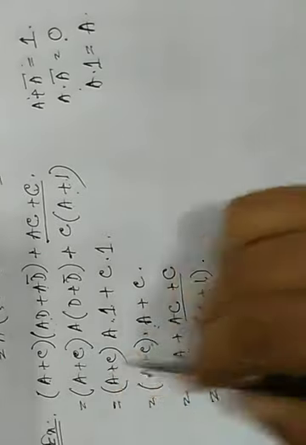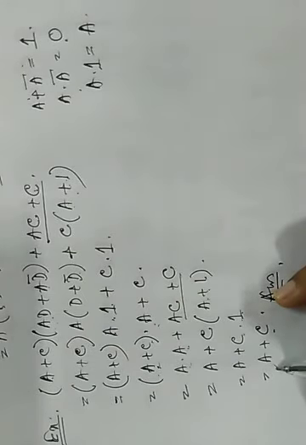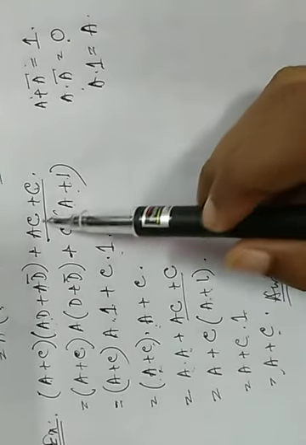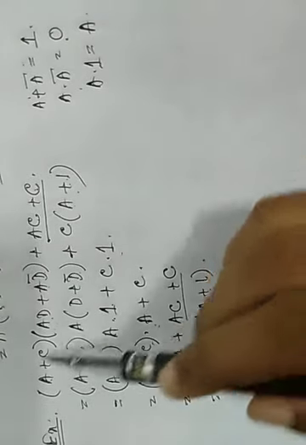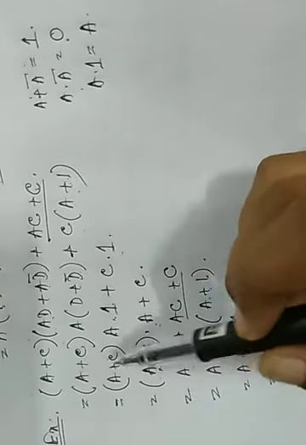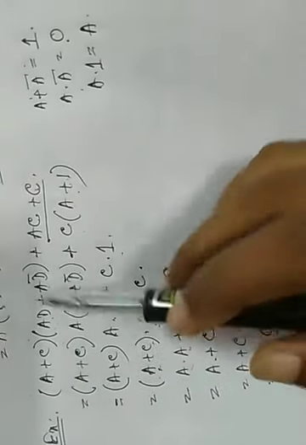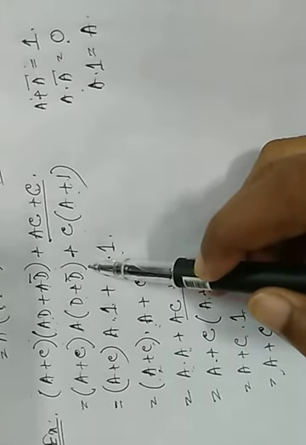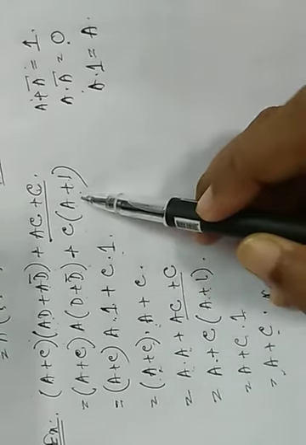Okay. Like this way, we can simplify any Boolean expression step by step. You have to see if there is any complemented form, then we have to break it using De Morgan's theorem. If we can take any common value, we have to take that value common and proceed further.